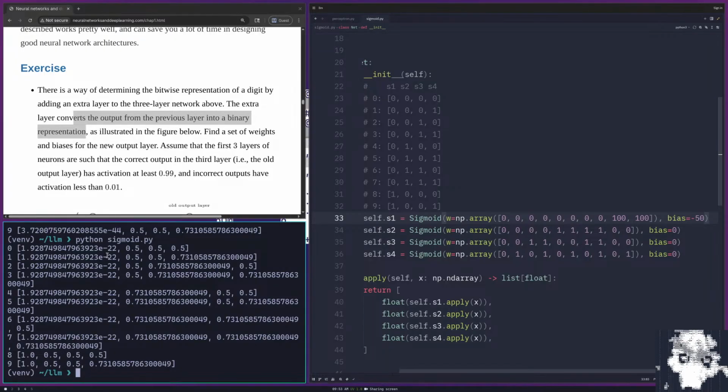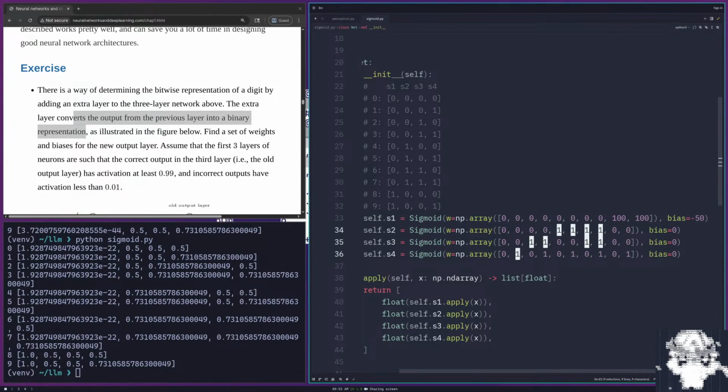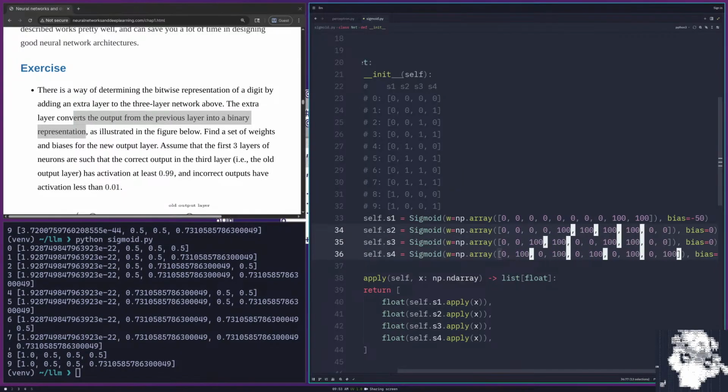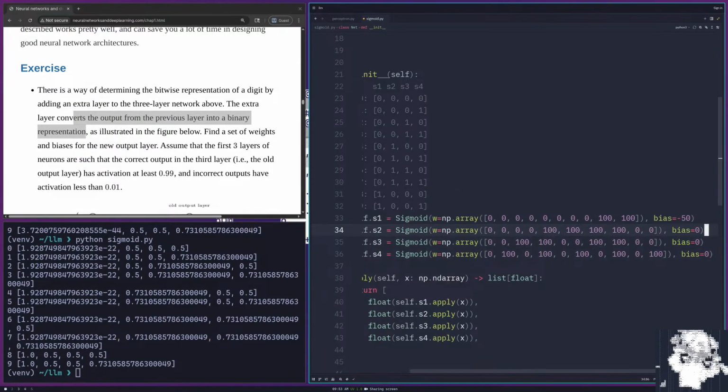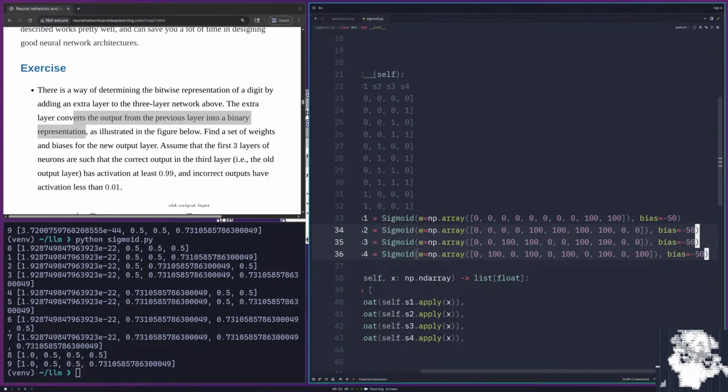Okay, now I've got zeros and ones. So why don't I replace all of my ones with 100s and all of my biases with negative 50?